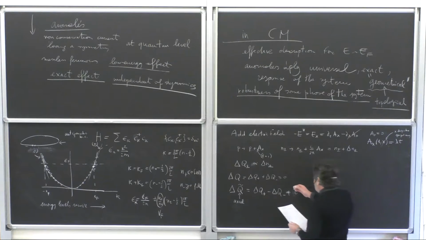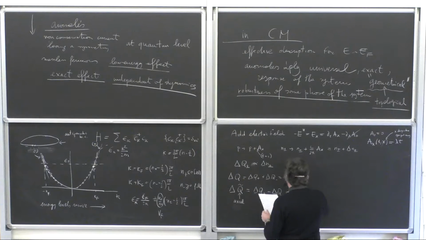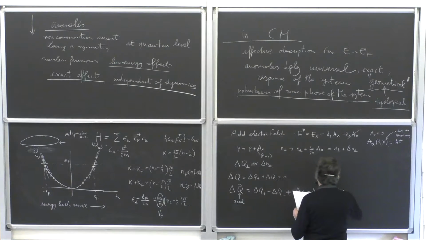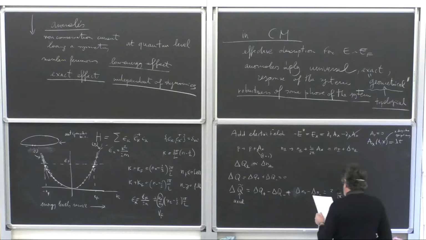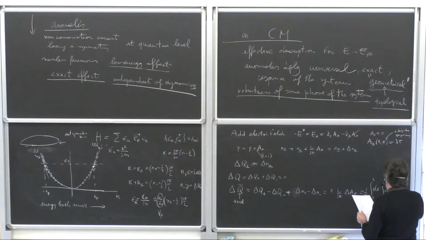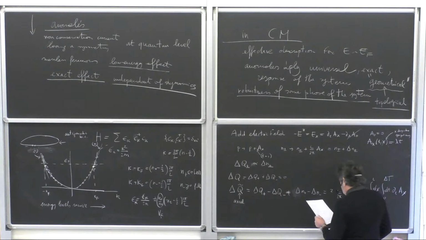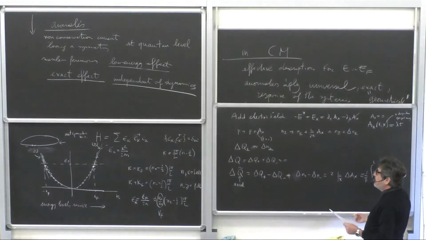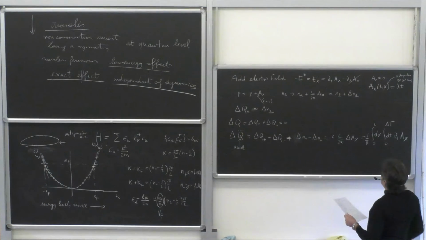But anyhow, at the end I will put back the charge. How much is it? It is delta n plus minus delta n minus, which is 2 pi delta ax, that I can write also 1 over pi integral between 0 and L dx dt ax.